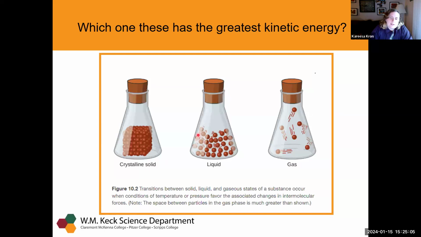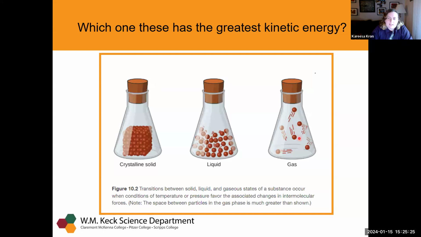Our liquid, on the other hand, you can see some of these lines indicating that they're gently bouncing off each other. So there's some amount of motion here that's visible and that we can see as kinetic energy. So our liquid has more kinetic energy than our solid, and our gas has even more kinetic energy.